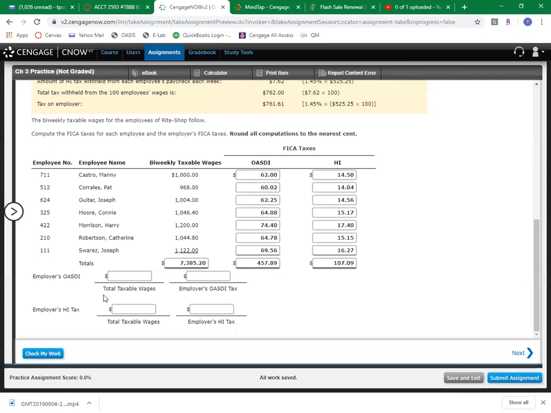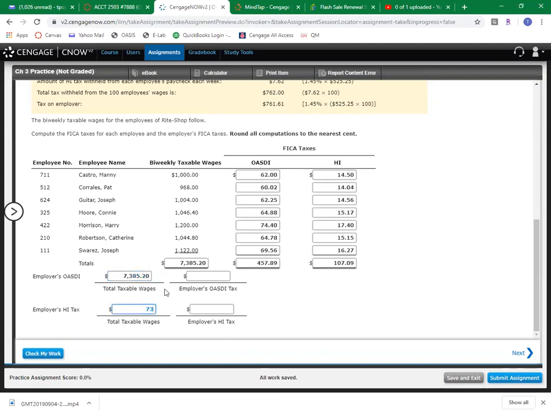The reason for this is we're rounding to 2 decimals when we calculate each employee. So there may be a couple of situations where we rounded up or down, and it could throw off our total. So when you're calculating the employer's contribution, you always want to go off of the total taxable wages.